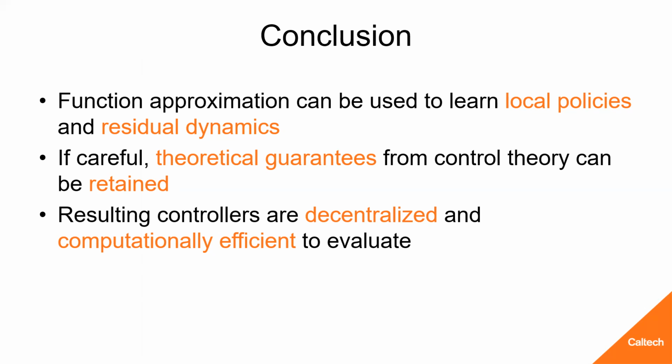And if you take ideas from traditional control or planning and combine them in an intelligent way with learning, then you can still retain theoretical guarantees. At the end, you get controllers or planning solutions that are decentralized and also computationally very efficient to evaluate, down to the point that it works on a tiny quadrotor.